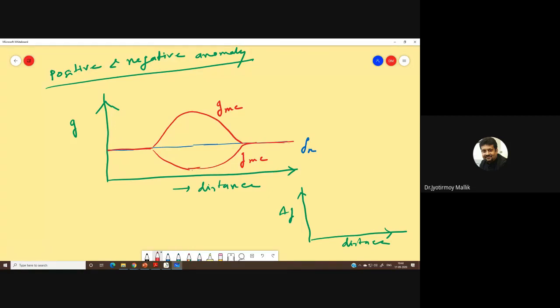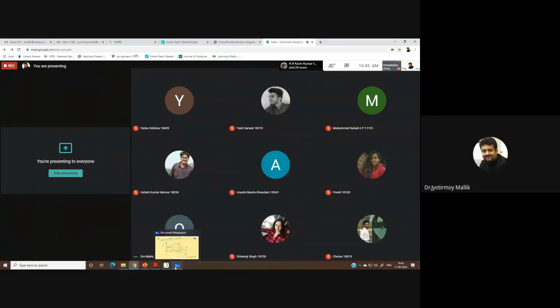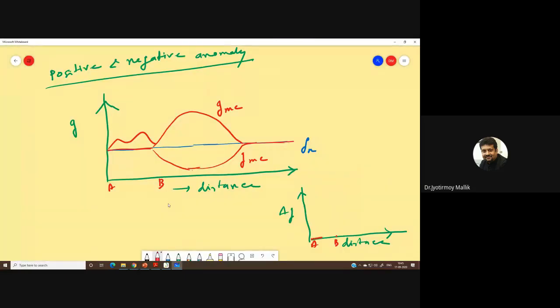In this distance from A to B, what will be my gravity anomaly? Can someone tell me? Anyone? It should be 0. So from A to B, it will be 0.